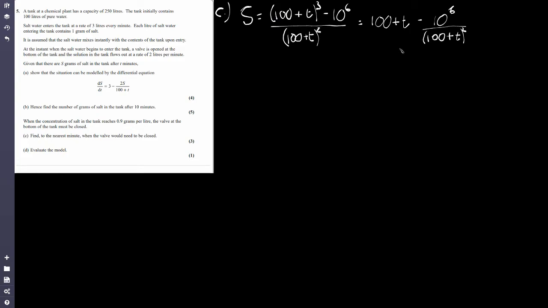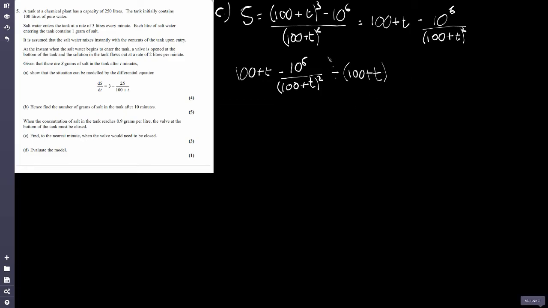So now we need to do S divided by this. So we're going to divide this by 100 plus T. If we write this out, what this will be is 100 plus T minus 10 to the 6 over 100 plus T all squared, divided by 100 plus T. So where do we begin with this?